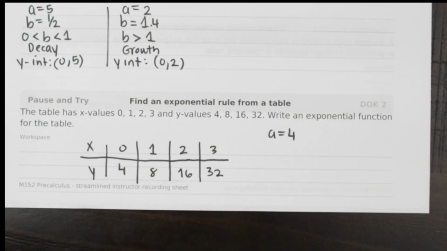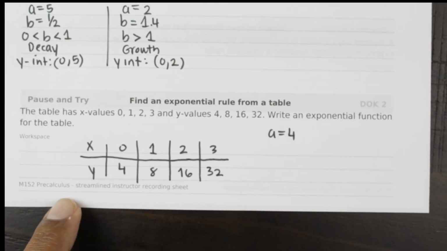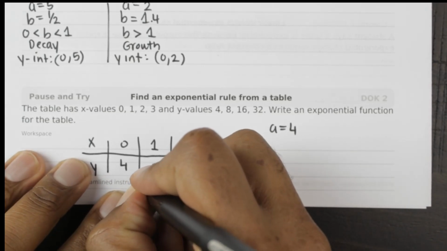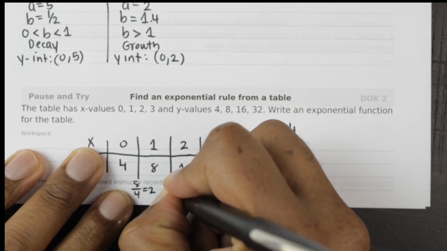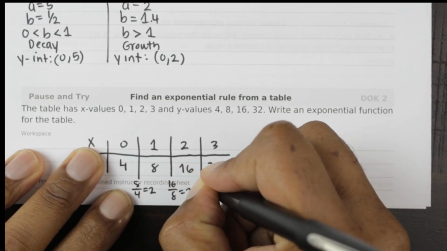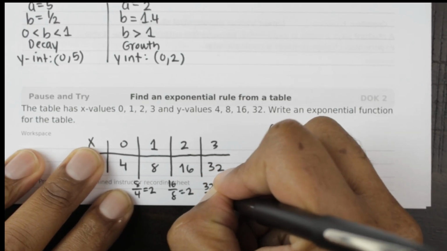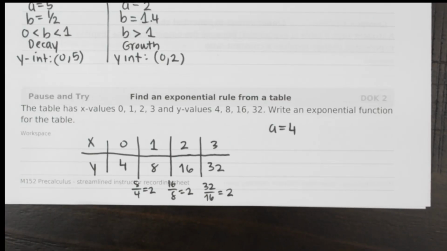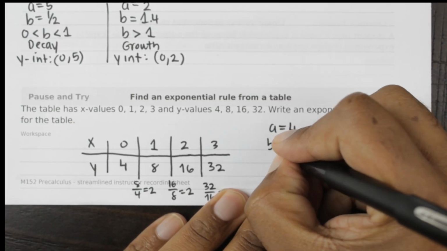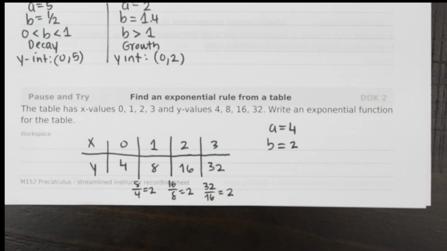So we can say that 8 divided by 4 is 2, 16 divided by 8 is 2. So what does that say? That says that the base is 2. Now let's write the function.